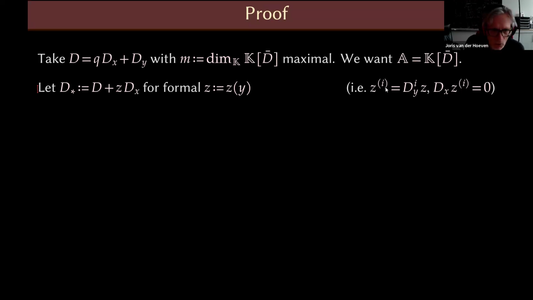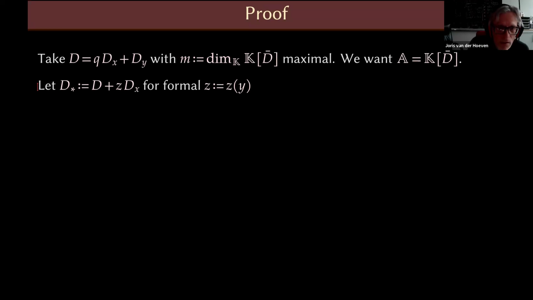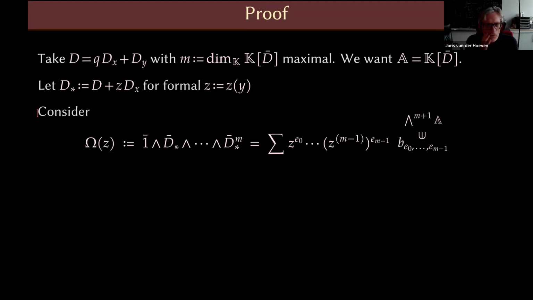It's just a formal indeterminate. And now we're going to consider a bit complicated expression: the exterior power of 1, this twisted differential, and its powers up to degree m.